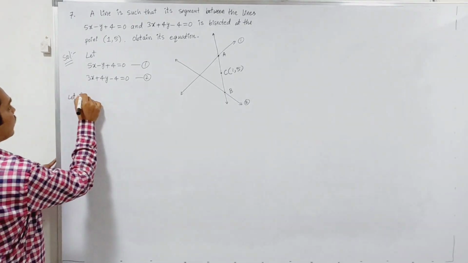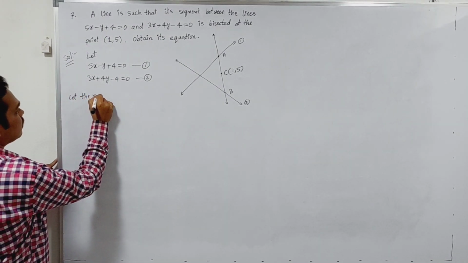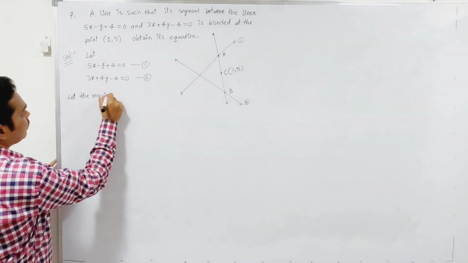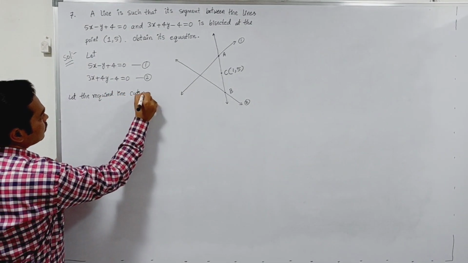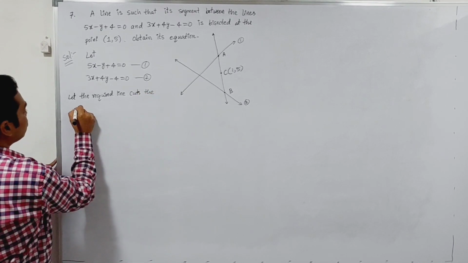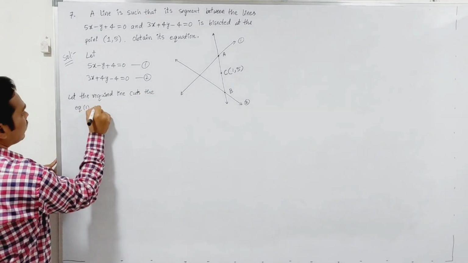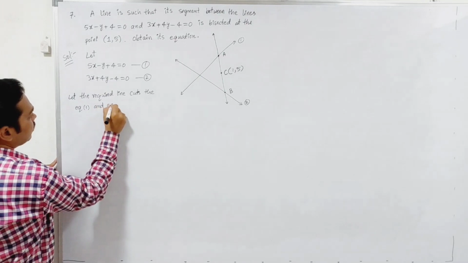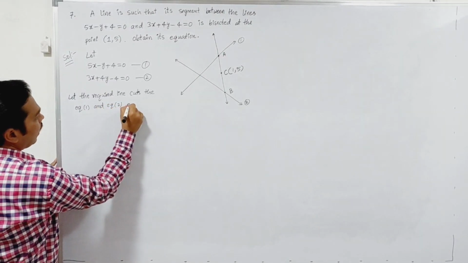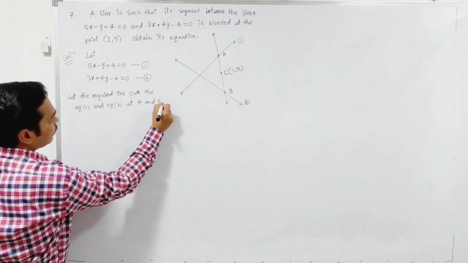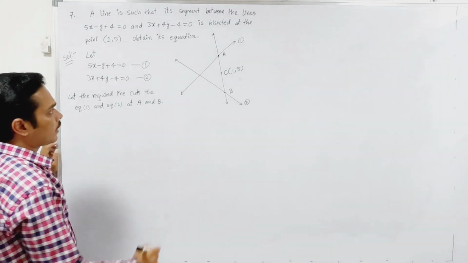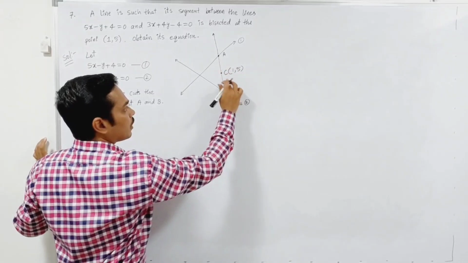Let the required line cut equation 1 and equation 2 at A and B, and C is the midpoint of AB.